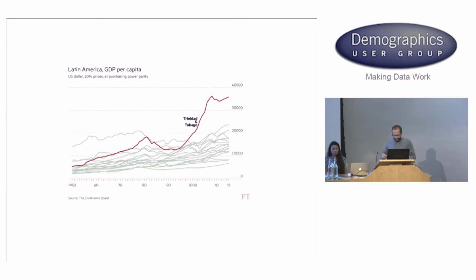The value of this is, let's say I was interested in highlighting Trinidad and Tobago's fairly remarkable GDP time series. If I had just graphed that time series and nothing else, I'm missing out on an interesting piece of context, which is it's remarkable in the context of all of the other countries in that area. And so, again, think about the context that you can provide through adding other data sources.